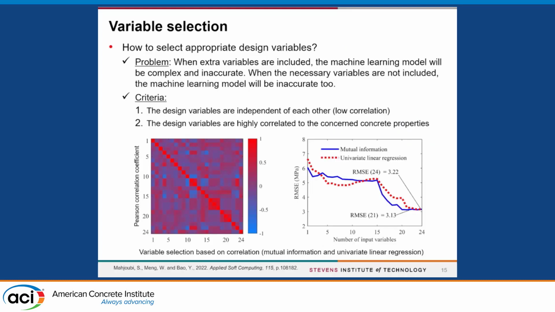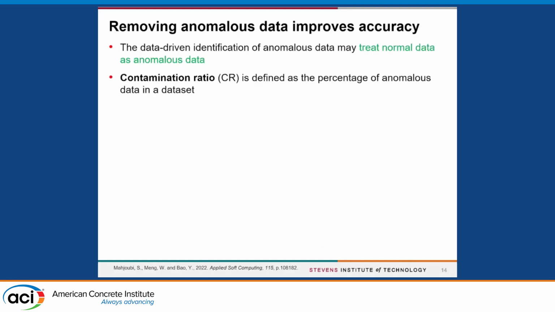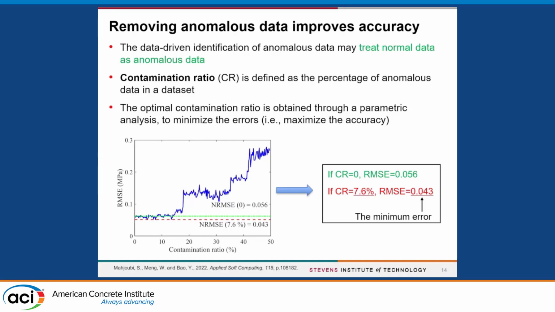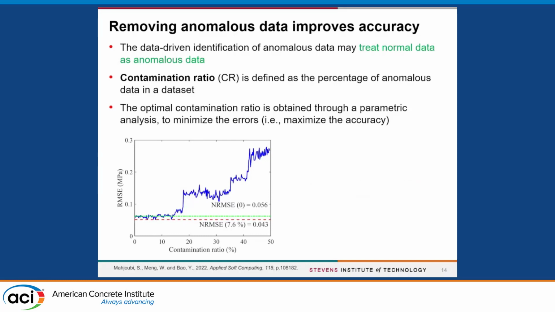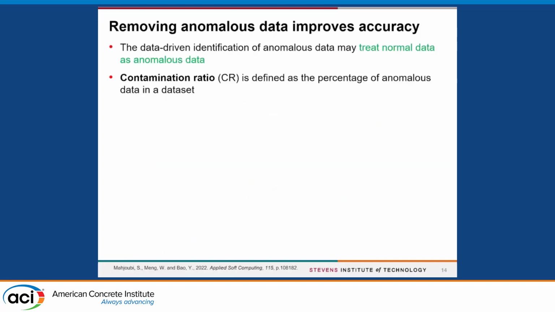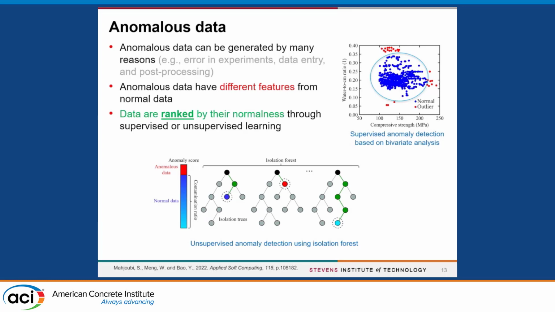I think you had your contamination ratio. So the contamination ratio, how do you differentiate the normal data? Okay, sorry, I didn't get your question. So here, as you can see, we use supervised and unsupervised modeling to detect the anomalous data.